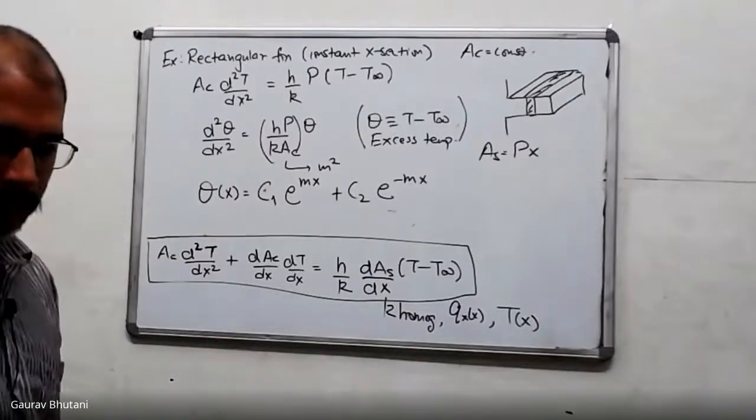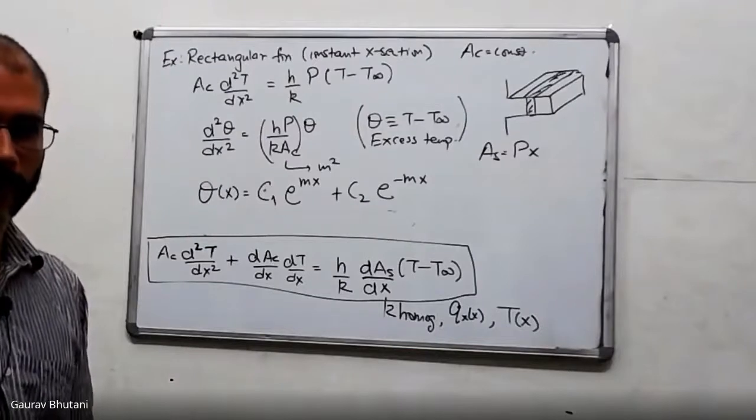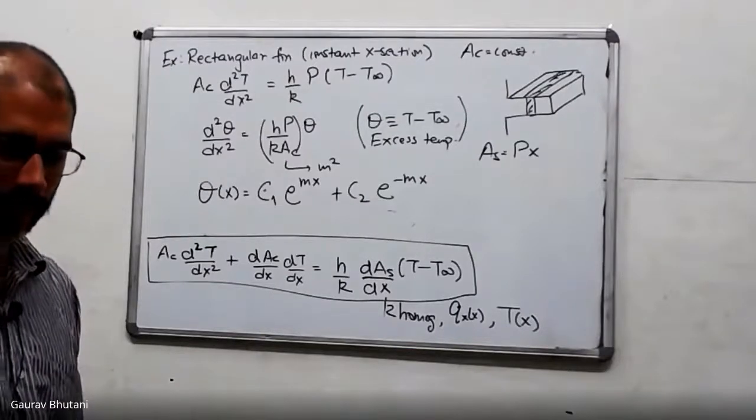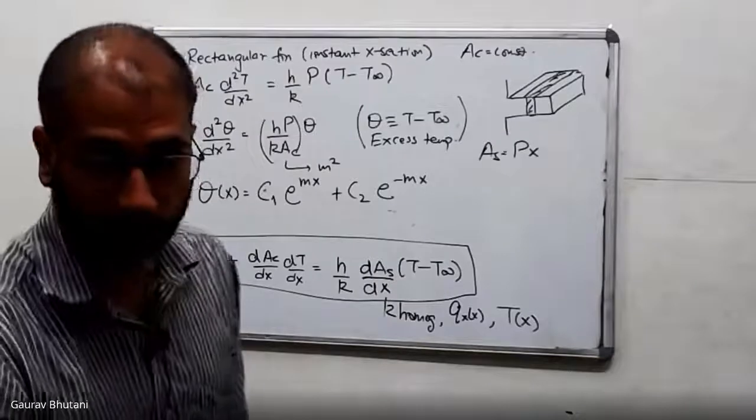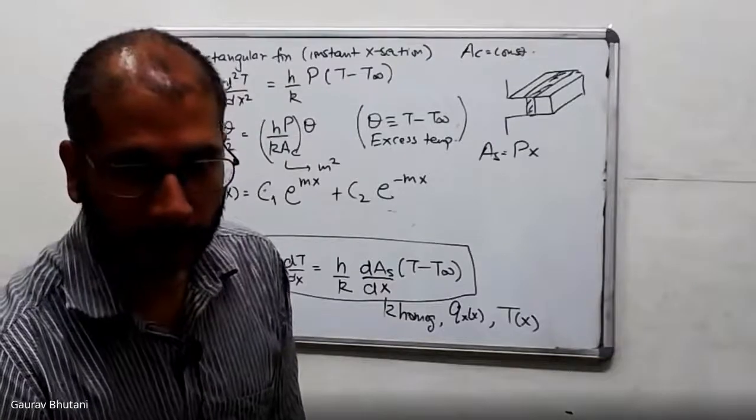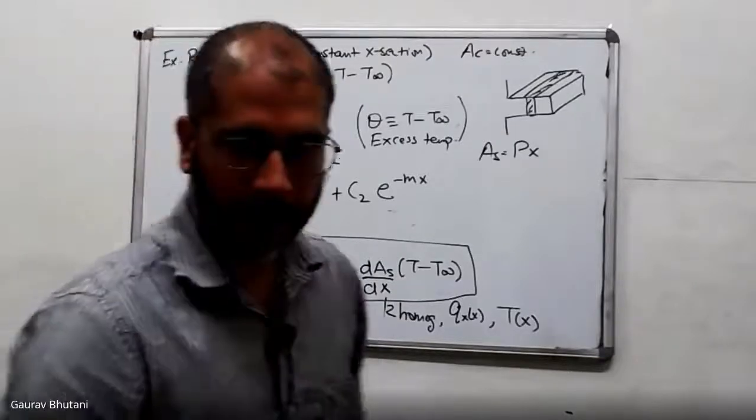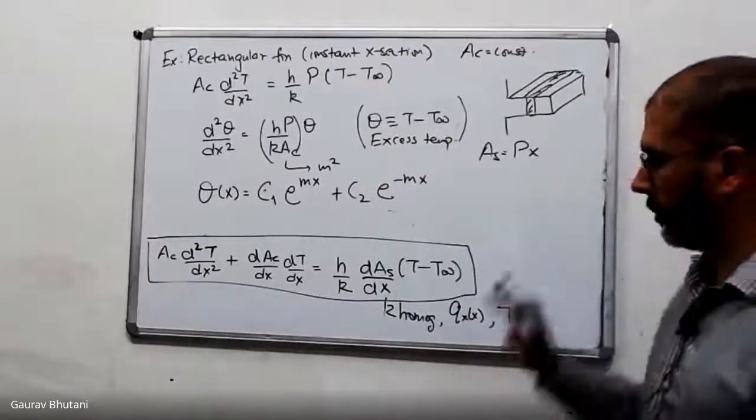But what's very interesting here is the kind of boundary conditions we can have. That's a very interesting discussion, so let's do that: different kinds of boundary conditions. I'll write that on my right hand side.